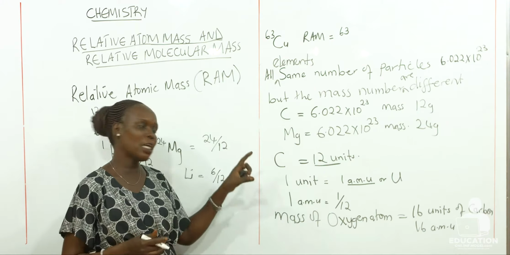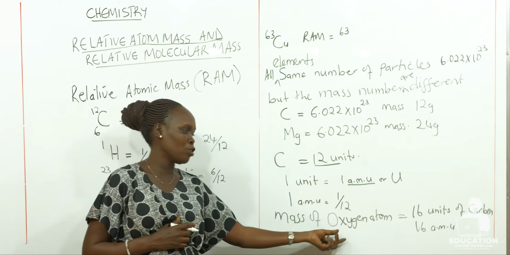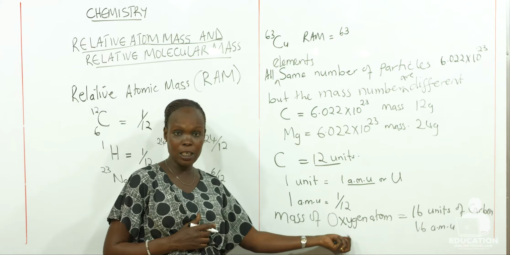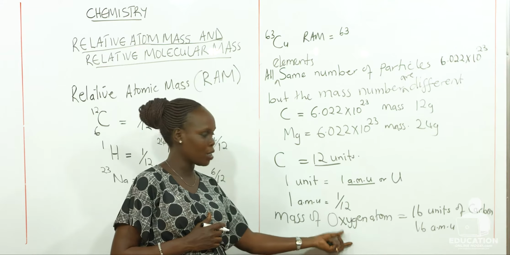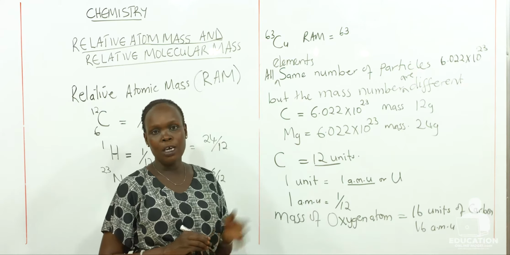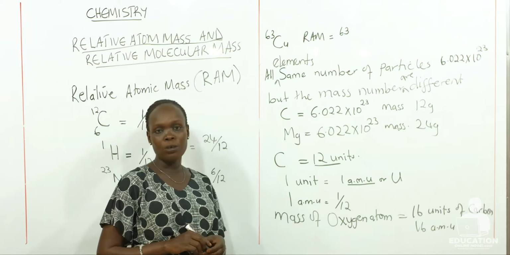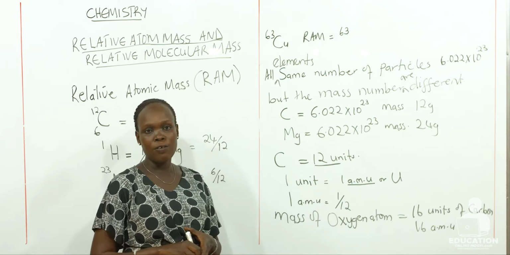So if we said 16 units of carbon, it means that we are representing the atomic mass of oxygen, or relative atomic mass of oxygen. Or if we said 16 AMU, we are referring to the same units of carbon, which is 16 for oxygen.